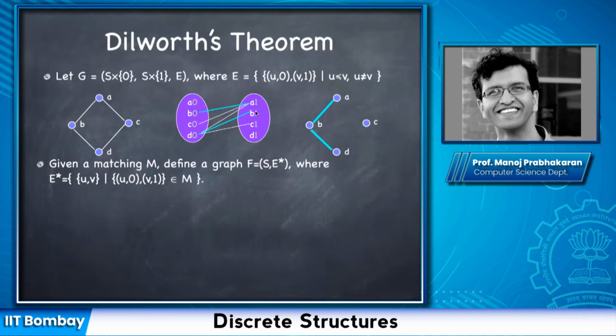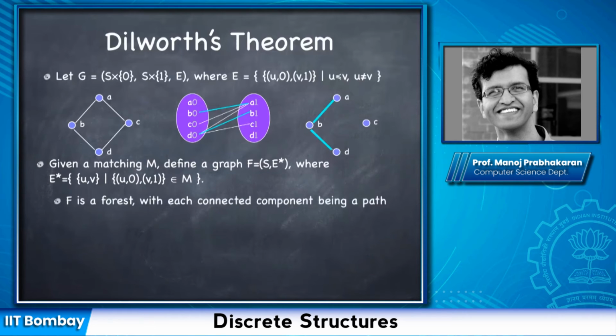There will be an edge between B and A, and an edge between D and B. So these will be the two edges, and there is an isolated vertex. I'm claiming that, in terms of the poset, this is a chain, and this is also a chain, and this is going to be our chain decomposition.